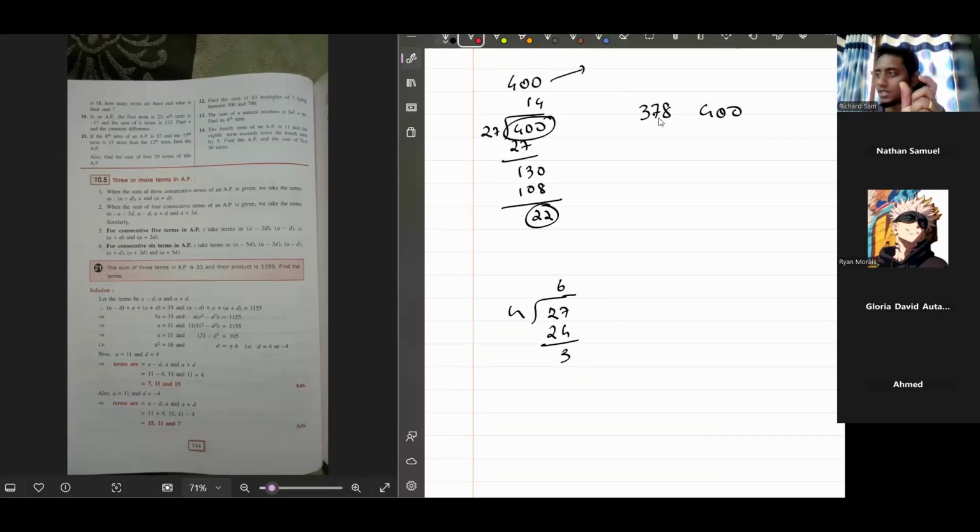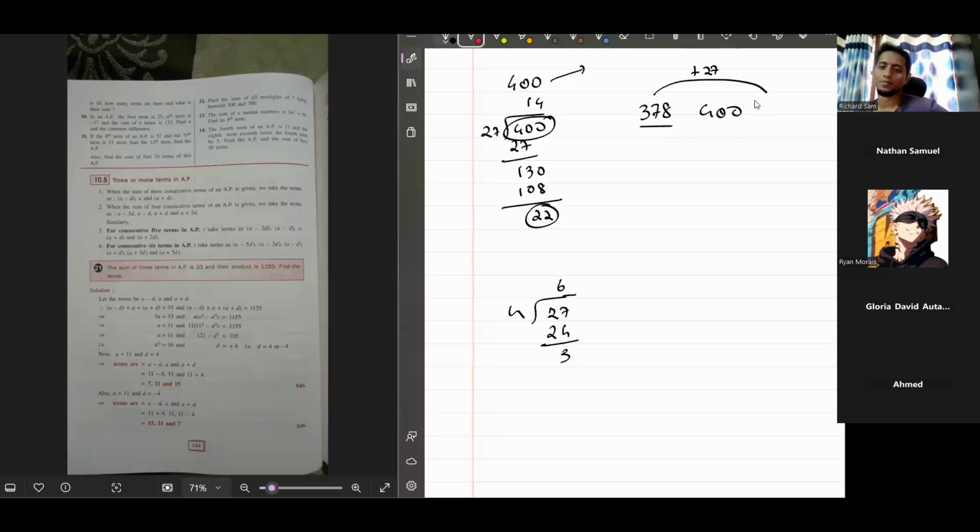So 378 is in 27 tables. Now, to get the next multiple, what do you need to do? Add 27. Like that, you can get the first multiple after 400.